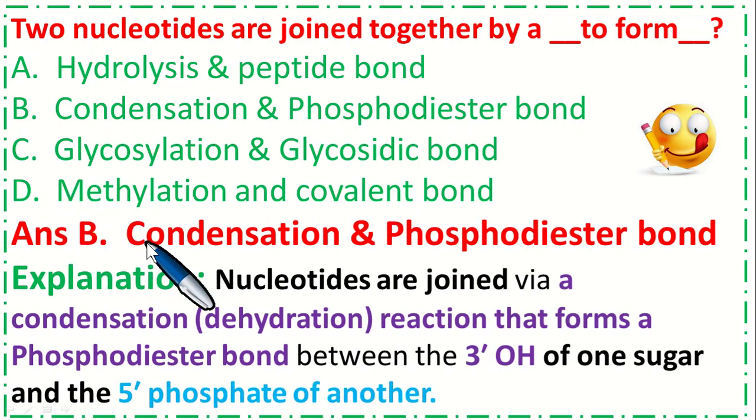So the correct option is B condensation and phosphodiester bond. Explanation: nucleotides are joined via a condensation (dehydration) reaction that forms a phosphodiester bond between the 3' hydroxyl group of one sugar and the 5' phosphate group of the other.